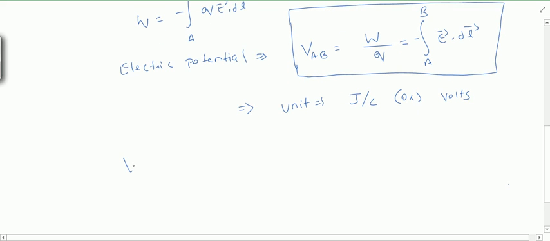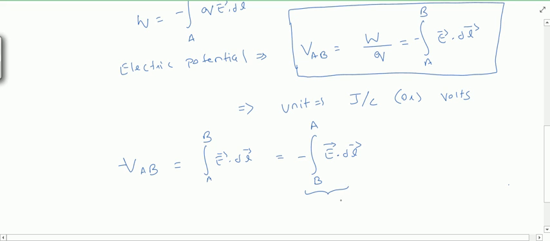Now we can write this formula like this: E dot dl from A to B. If I write this minus sign here, it can be written as integral E dot dl, and this can be written again from B to A of minus E dot dl using the integration property.